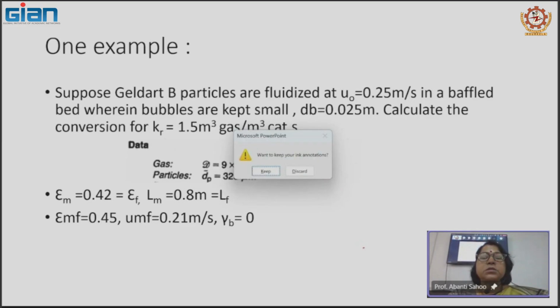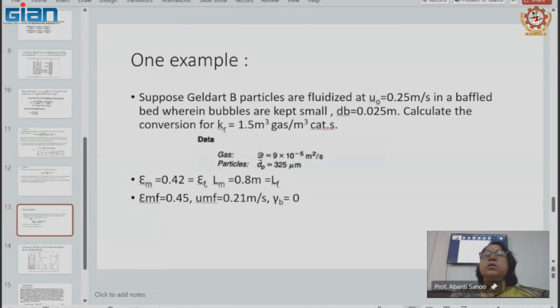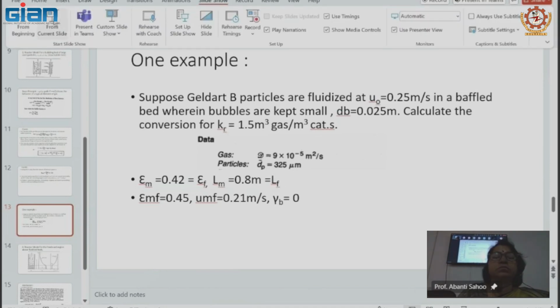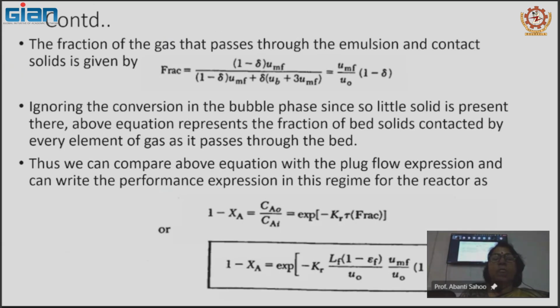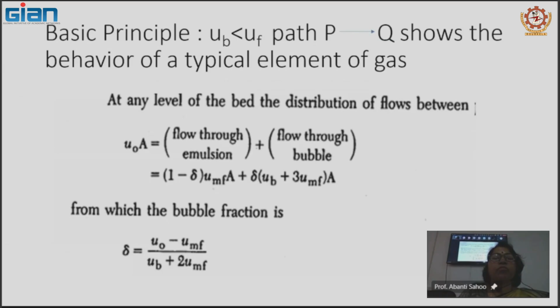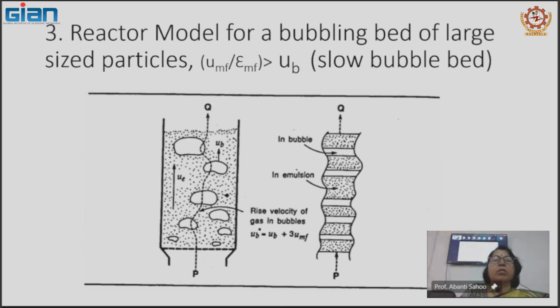Thus we calculated the conversion, 89.2, and the dimensionless constant also. Now, here, the slide: reactor model for the bubbling bed of large size particles, where the bubble movement is slow.